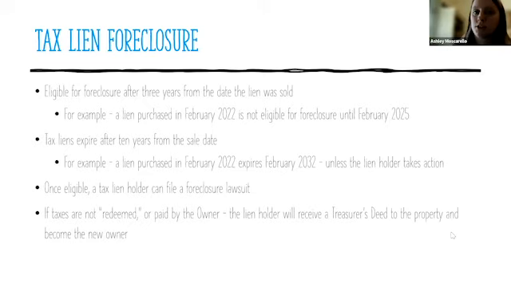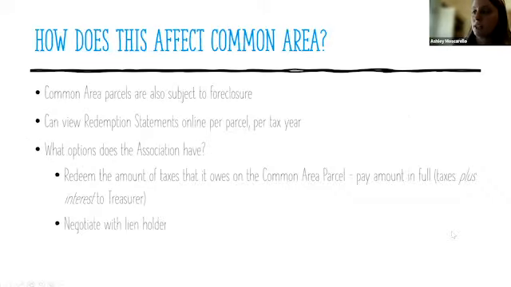What options does the association have to get out of the situation and having some random investor take title to a portion of common area property? This is where we're going to get into how this actually affects the common area.